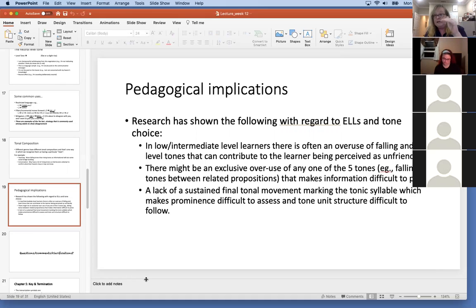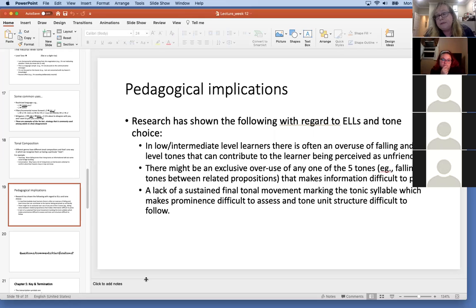Yesterday I went to the store, I bought apples, and you get lots of falling tones, even though these are propositions that should be related to each other. So you either want a slight rise or you want a continuing tone.